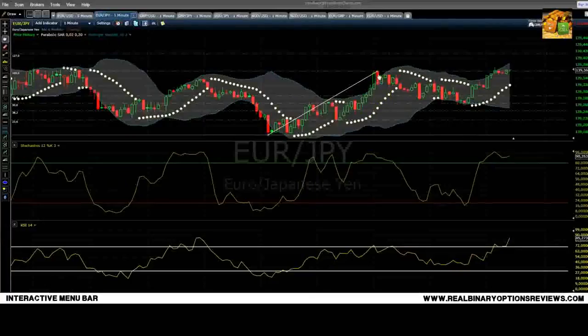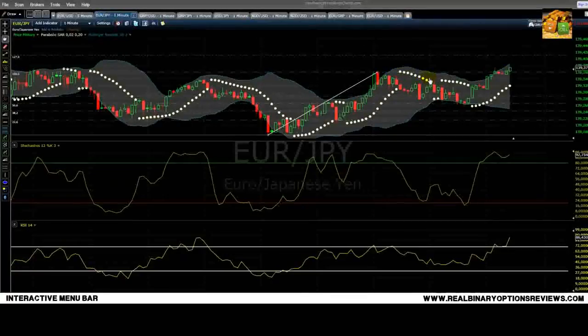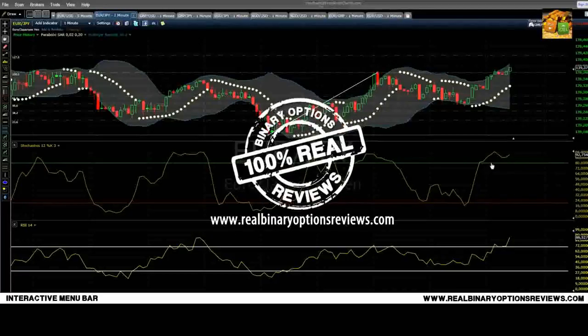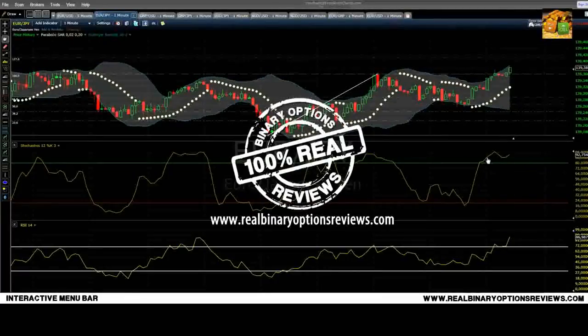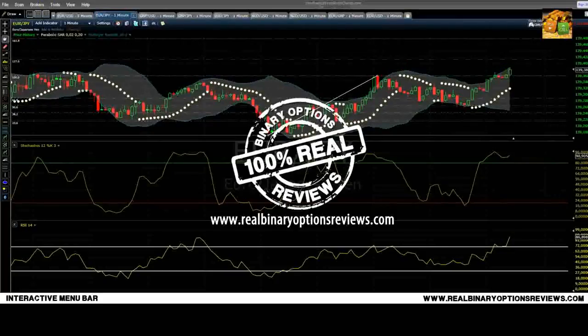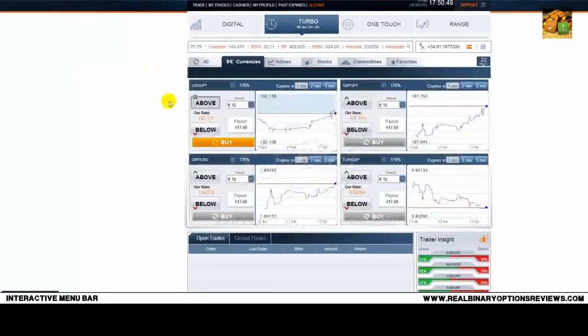So now I drew the Fibonacci tool on the 1 minute chart here, and these trends are much shorter, and also when the reversals happen on the Fibonacci lines, there are much shorter reversals. So I just want to prepare my trade for the Euro-Yen.